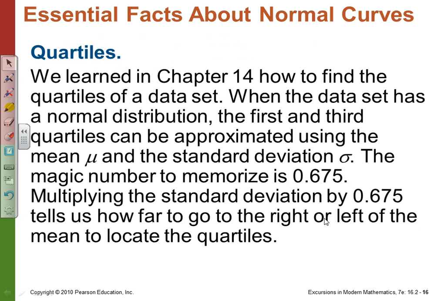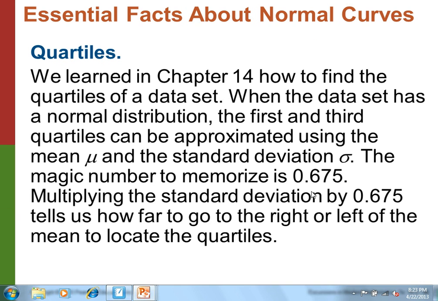Quartiles. In chapter 14, we figured out a way to figure out quartiles. In this chapter, all we have to do is memorize that the quartiles are at 0.675 of the standard deviation. We can find the first quartile or the third quartile, and I'm sure we'll have problems. We'll have to do that.